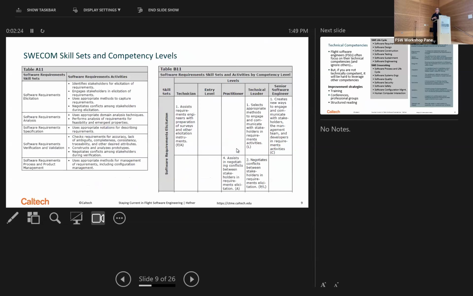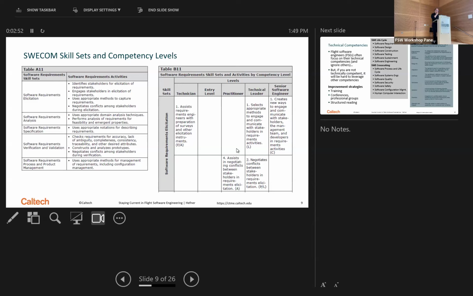The SWECOM does it somewhat similar to INCOSE. They'll typically have a table of required skill sets and various activities that a competent person would be able to perform. And they define five levels of competency again, from technician to entry level, practitioner, technical leader, or senior software engineer.